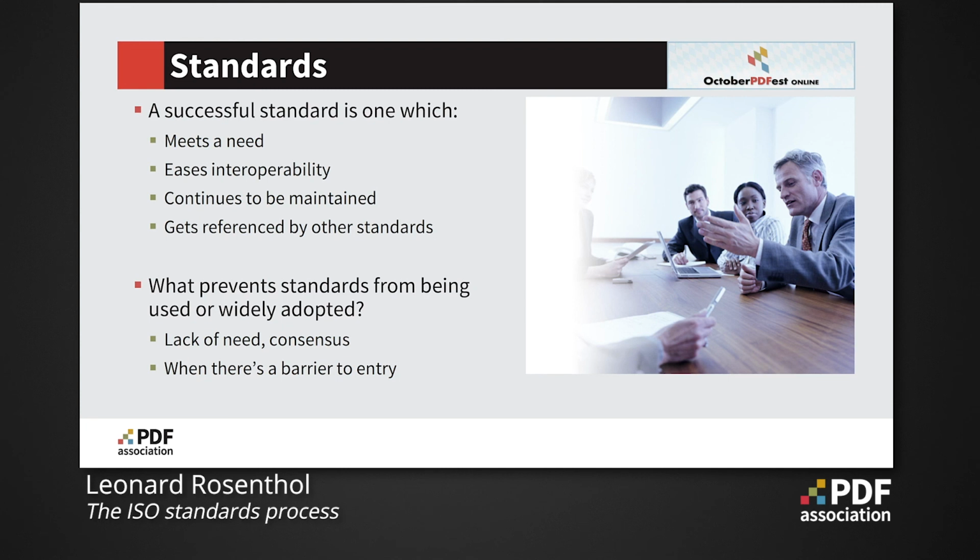And in keeping all of these success criteria in mind, we want to ensure that we don't create something that is not adopted. And so we do that by ensuring, again, that there is a need and that there's a consensus around that need.